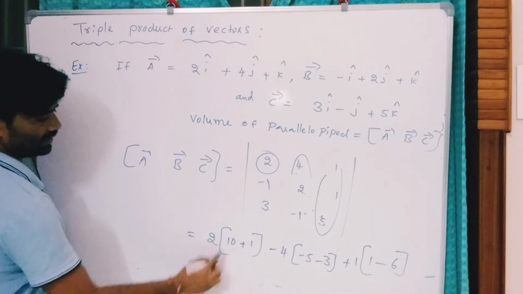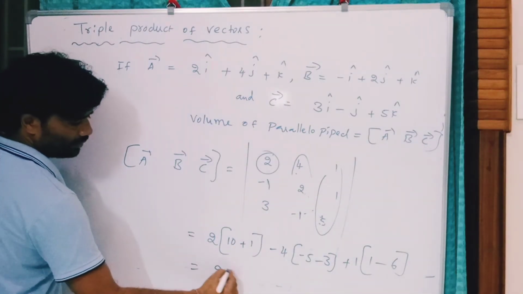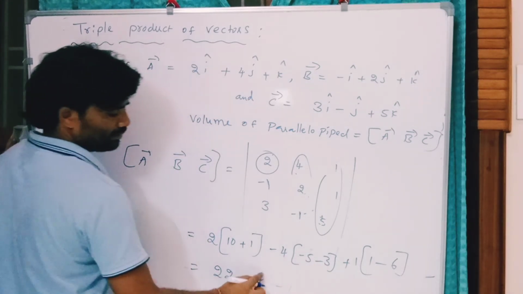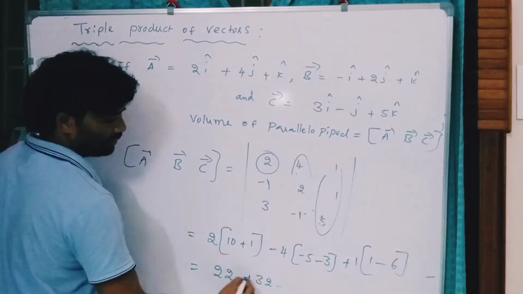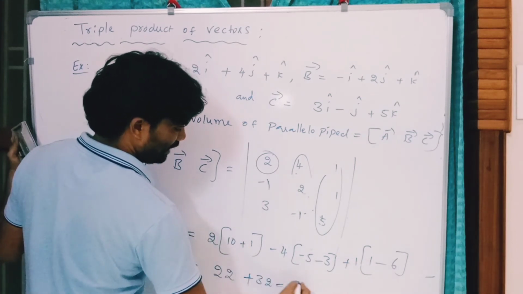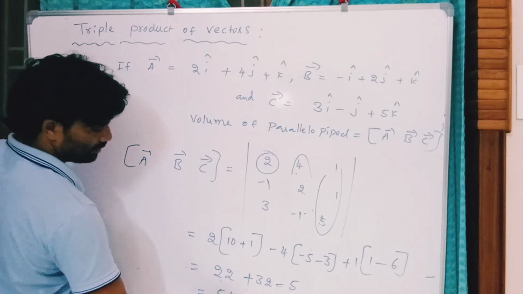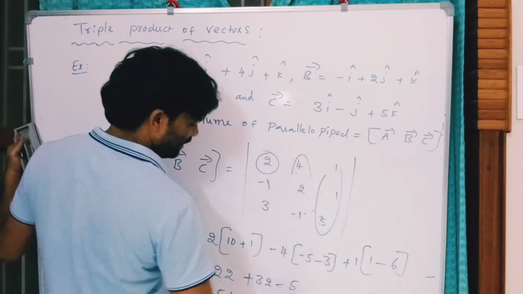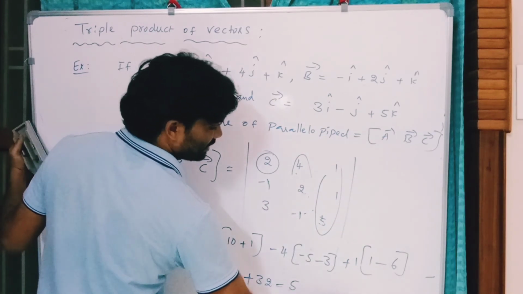So this equation is what? 2 plus 1 is 11, 11 into 2 is 22. So this is minus 4 minus 8 into 4 is 32, so it becomes minus 32 and this one is minus 5 into 1, minus 5. So this gives 54 minus 5. So this volume is what? 49 units. That is the answer.